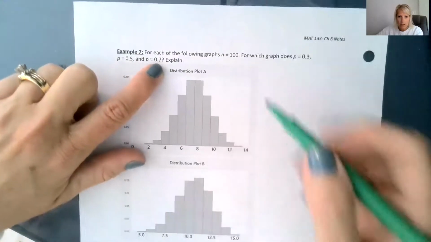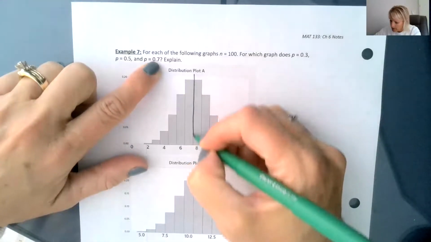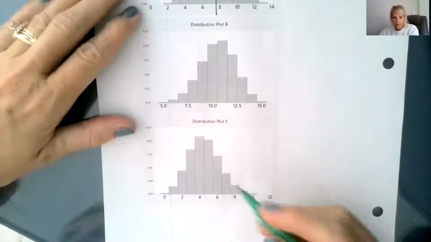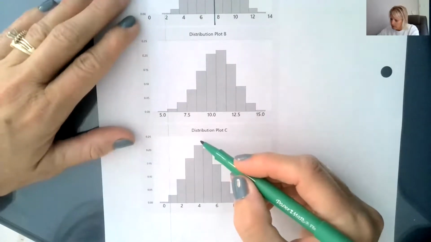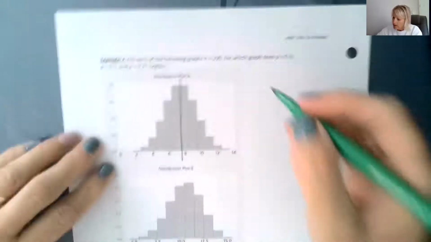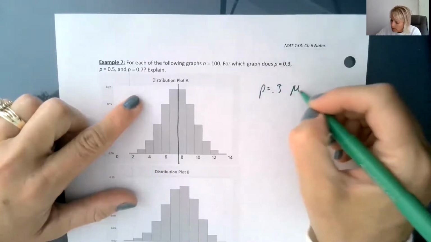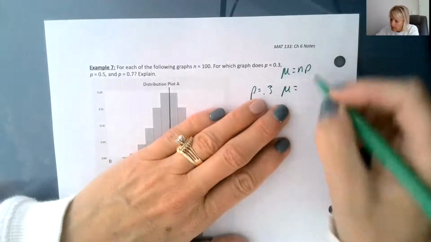So if we look here where our center is, that center looks about 7. This center here looks maybe around 10. This center here looks maybe around 5. So let's look here. If p equals 0.3, then the mean is equal, remember, we just learned the mean is equal to n times p.